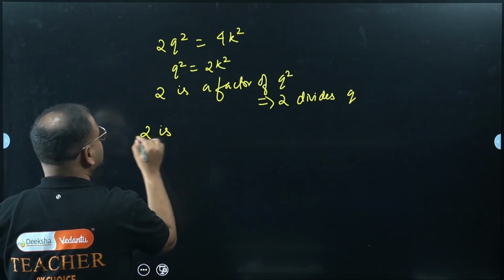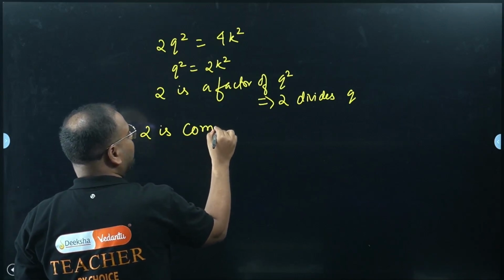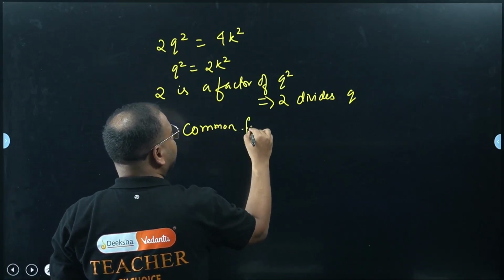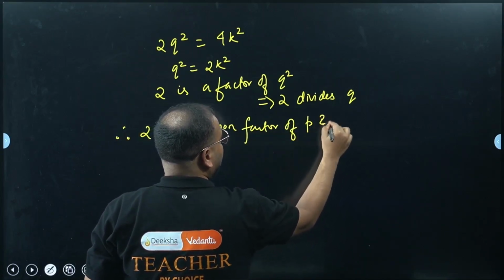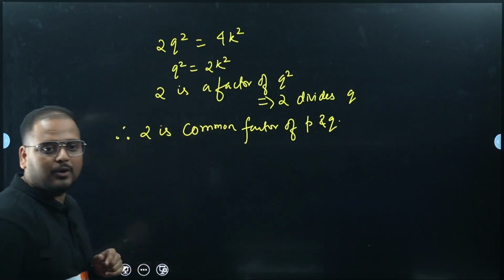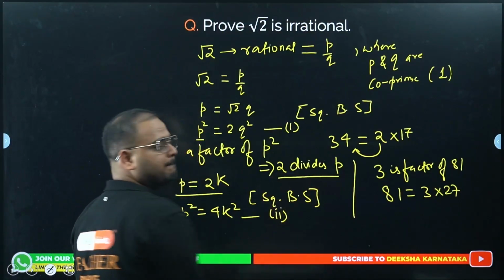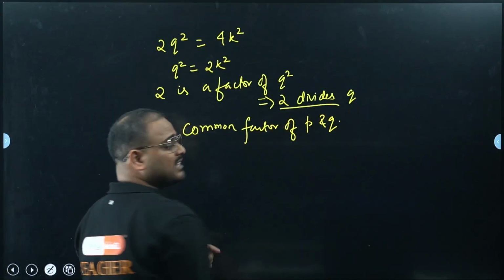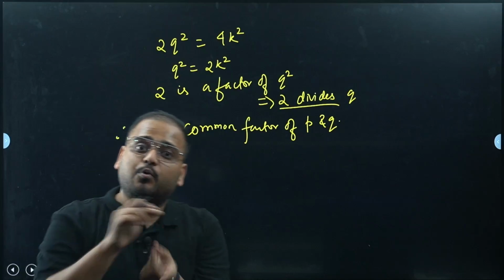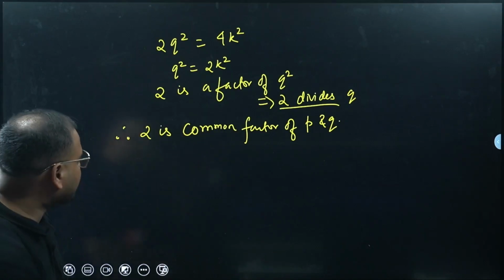Therefore 2 is a common factor of p and q. How, sir? Let's go back and see. 2 divides p, right? And over here 2 divides q, meaning I have a number which divides both p and q. It means 2 is a common factor of p and q.